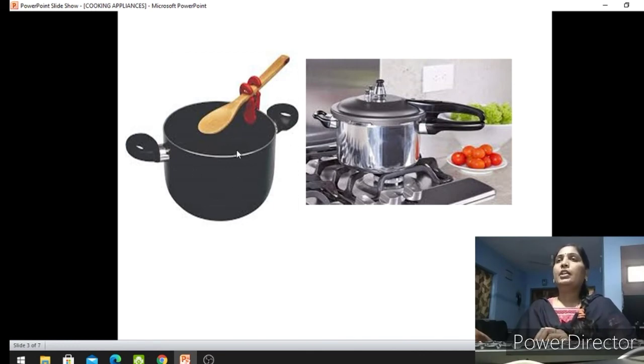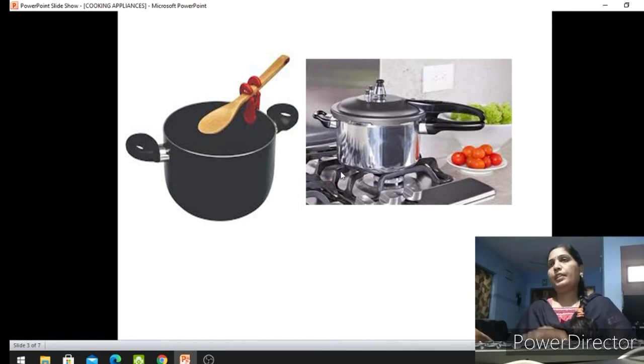We can use only a little oil, so much oil is not needed for cooking in non-stick cookware. That way people prefer non-stick utensils to the glass one or the stainless steel one.